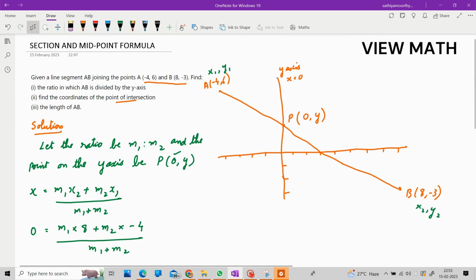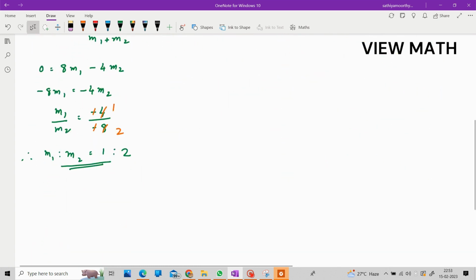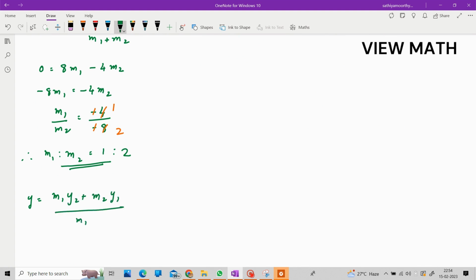The second subdivision is to find the coordinate of the point of intersection, that is the P coordinate. They're asking us to find out y is equal to (m1y2 + m2y1) / (m1 + m2). So y I have to find out.